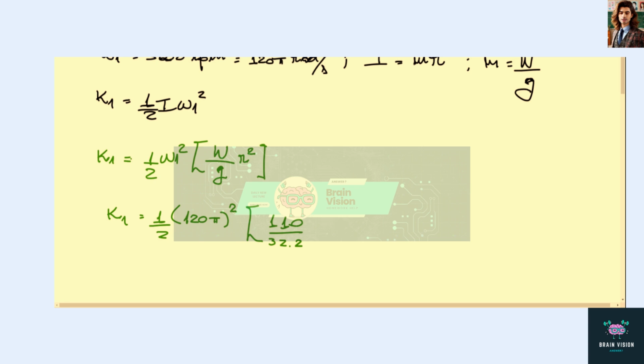And this multiplies the radius squared, which is just 9 divided by 12, squared.